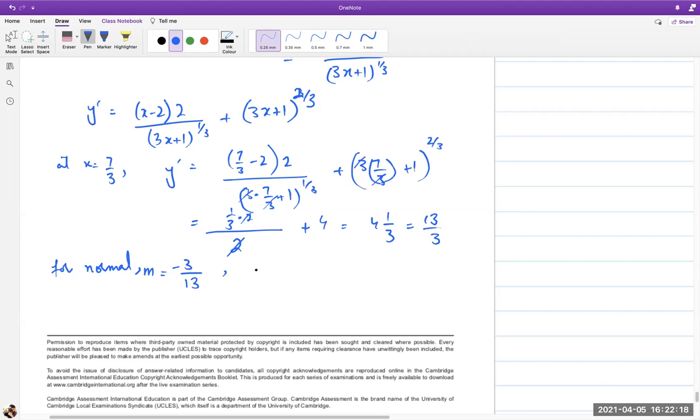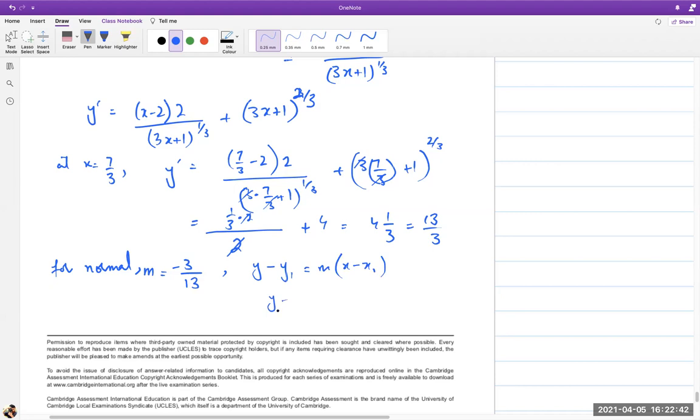I can do it multiple ways. One way is this: I know that for the normal, this is the gradient. So I can use this to find the equation of the line, and using that, I'll plug in and find the y-intercept. So I just have to find the y-intercept, right? So y minus y1 equals m times (x minus x1).